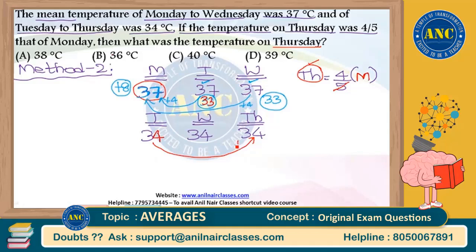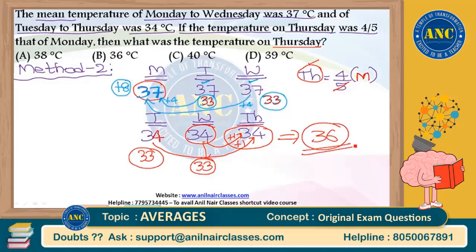So if I give 1 to Thursday, here it becomes 33. Wednesday also is 33, but here it is 34. Give 1 to Thursday, so this also will become 33. That means for 34 I will add 2 units. Thursday should become 36.